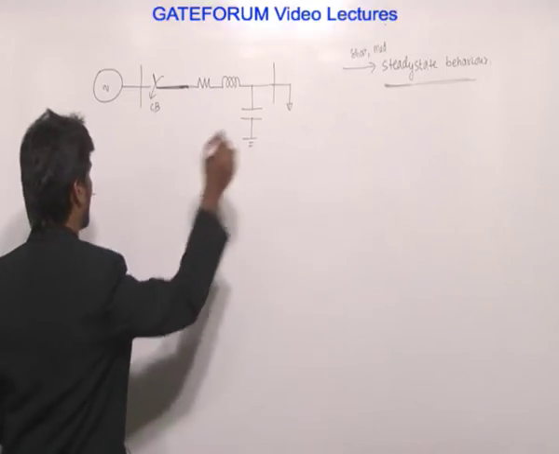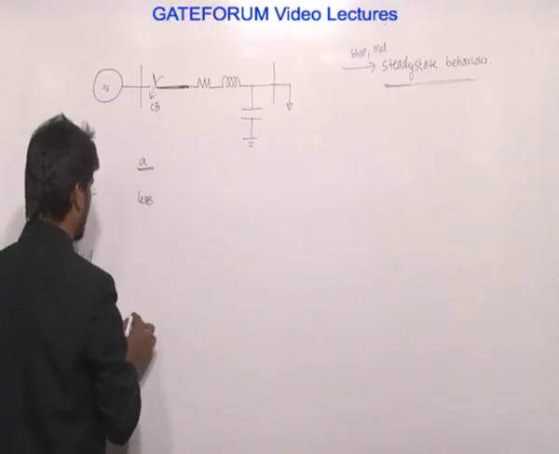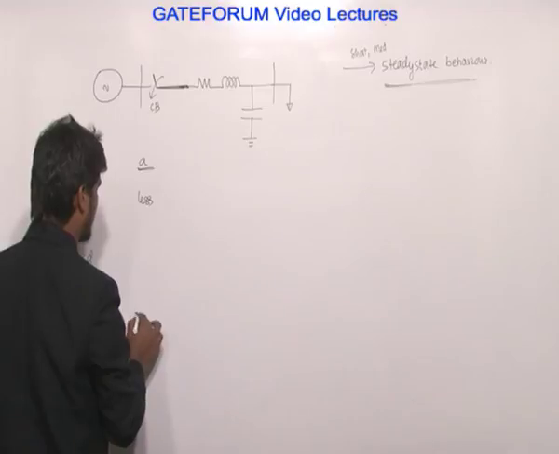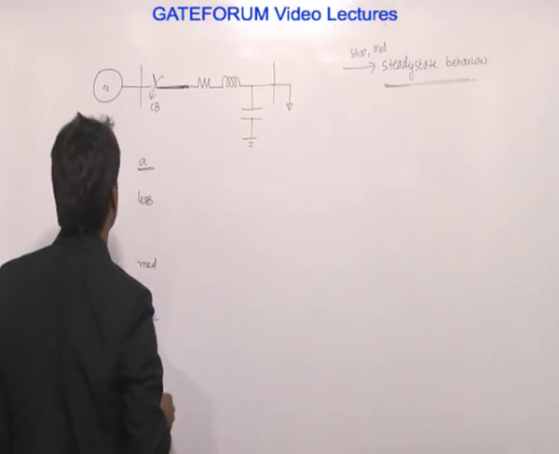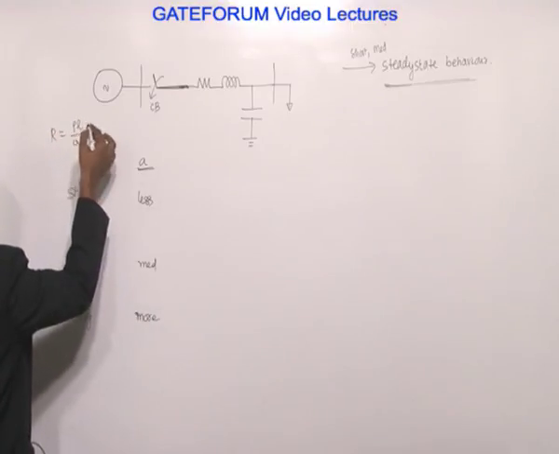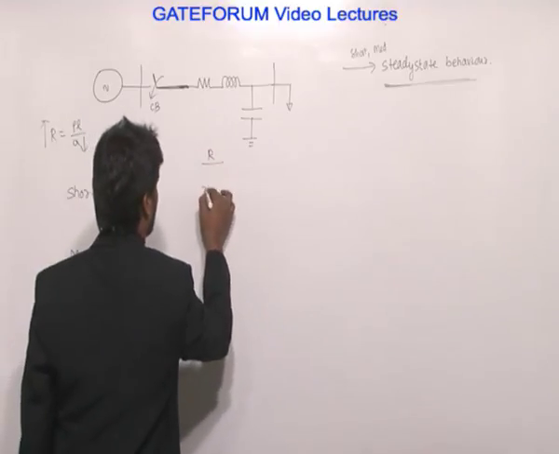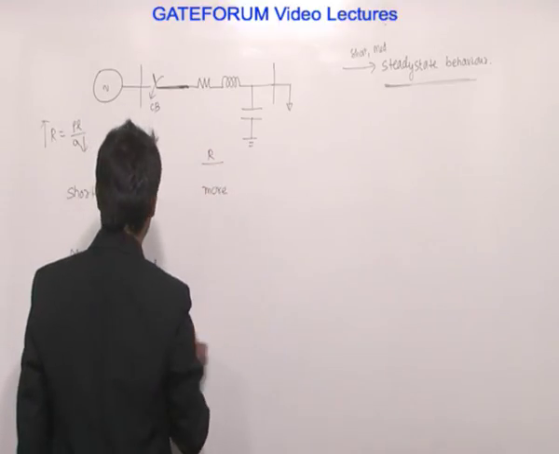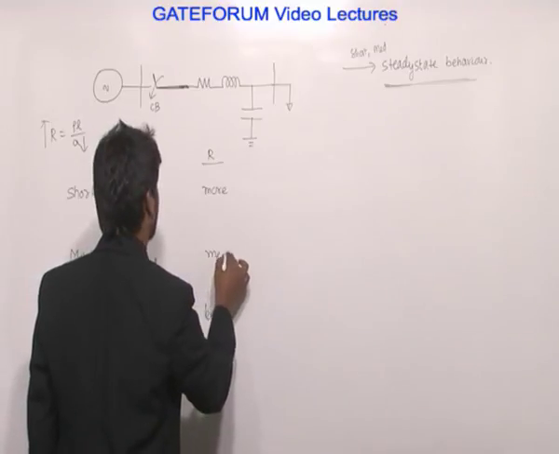The medium line lies in between. We know resistance R is equal to rho L by A. As area is less, resistance is more. Resistance is more in the short line because of less area, resistance is less in the long line, and the medium line has medium resistance.